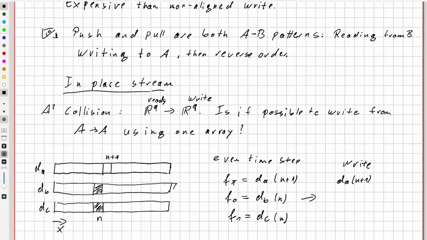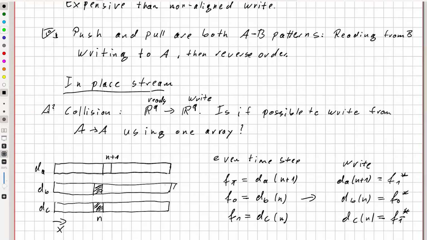So, but in this data point, we do not store the population f minus 1, but we store the population f1 after the collision. In the position dB, N, we store f0. f0 is the thing that is not moving. So we write this back here, and in the position dC, we write f minus 1.